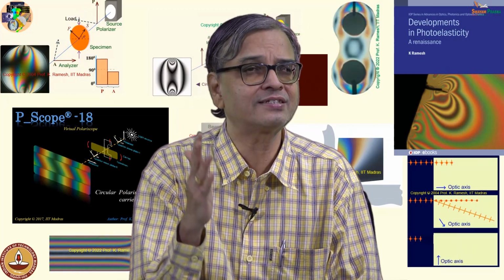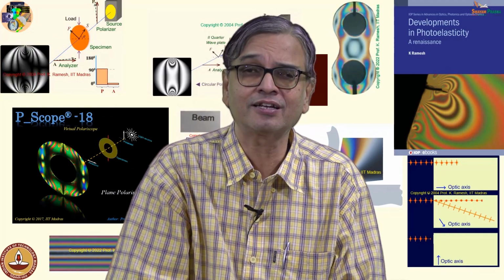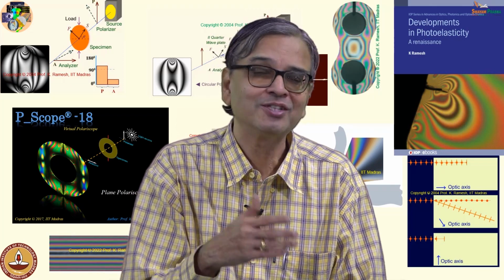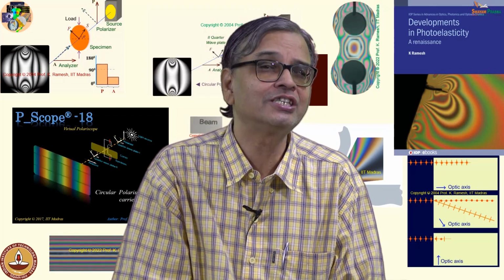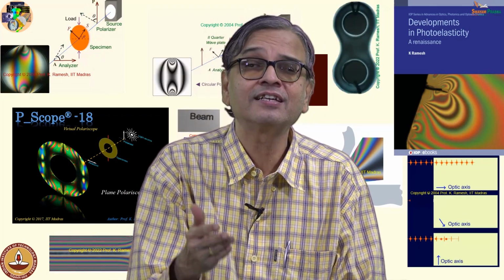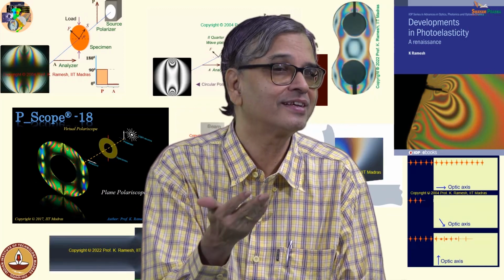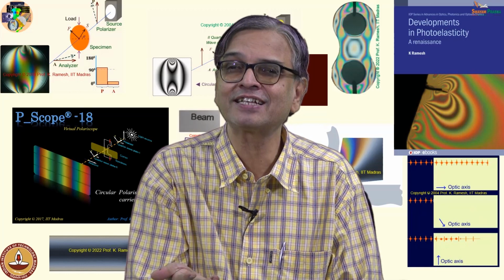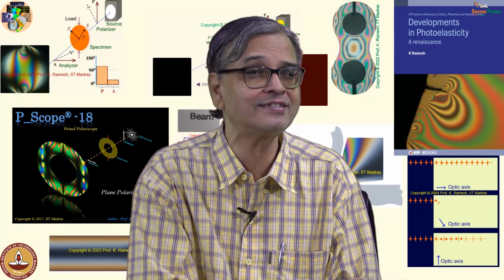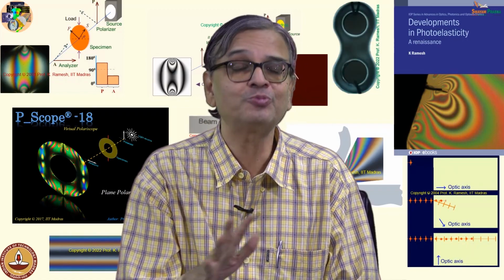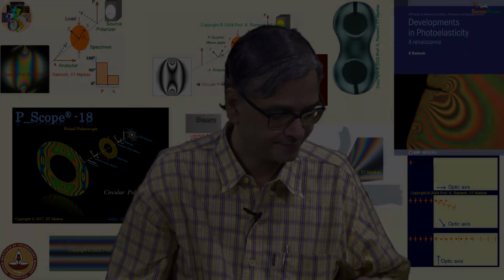These days, with the dollar appreciating every other day compared to the rupee, these are all becoming out of reach. So in that context, your homemade polariscope you can construct within 1000 rupees. And if you have a simulation package like this, you can understand both photoelasticity as well as solid mechanics much better. Thank you.